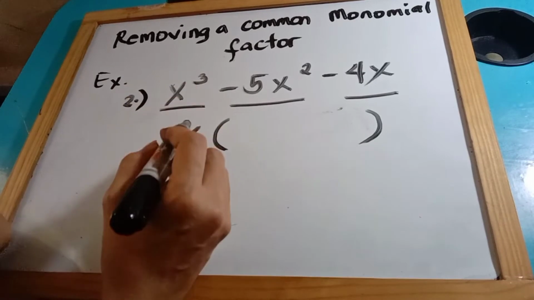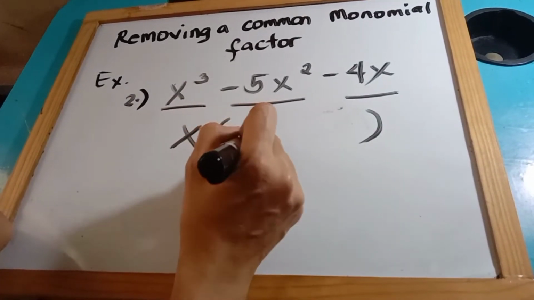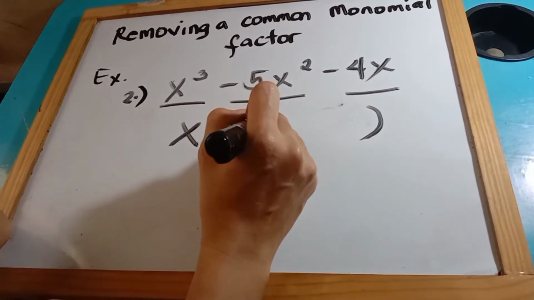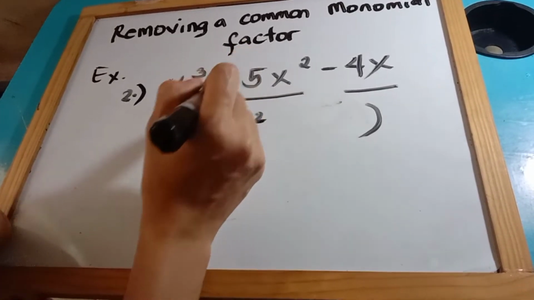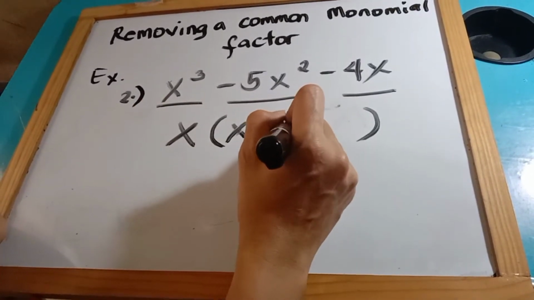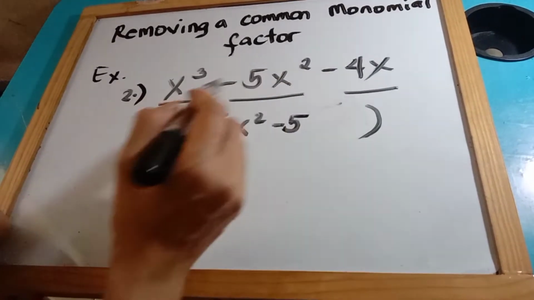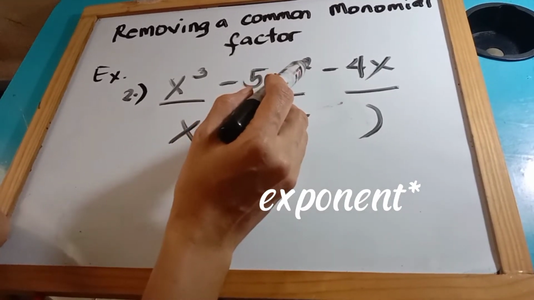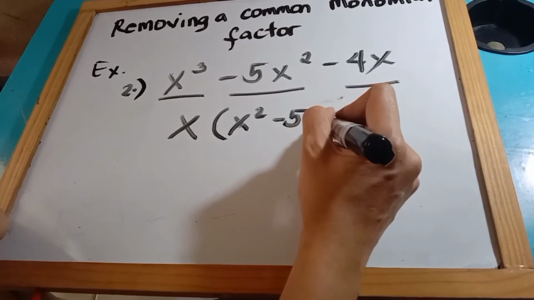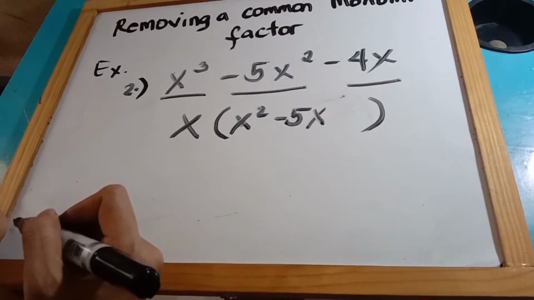So, x cubed divided by x, sabi natin, ima-minus yung exponent. So, that will become x squared. Next, negative 5x squared divided by x. So, since 1 siya, this is negative 5. And then, ima-minus natin yung exponent ng x. That's 2 minus 1. So, that is negative 5x.